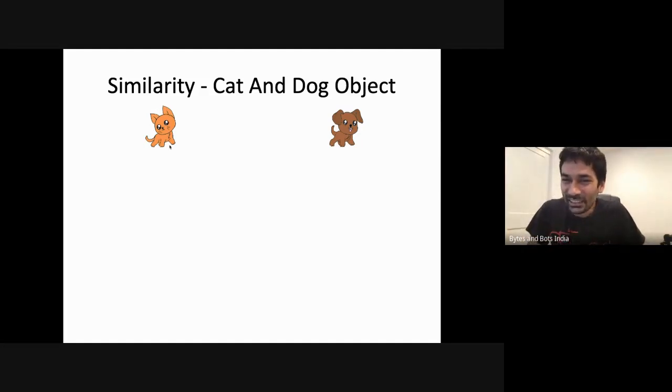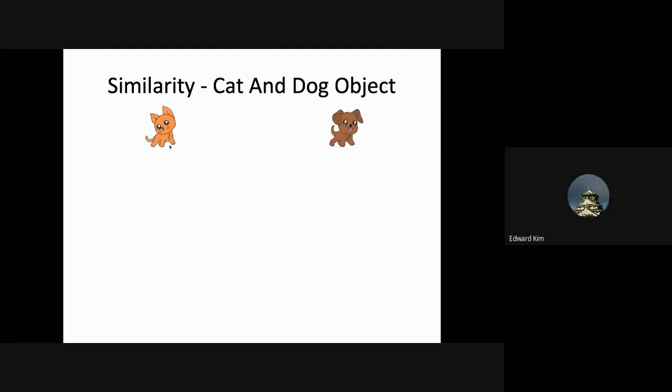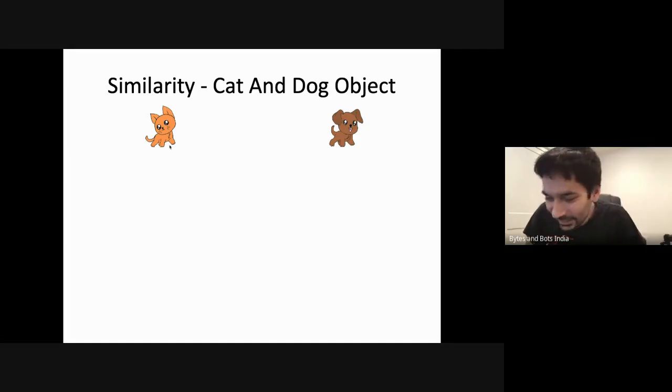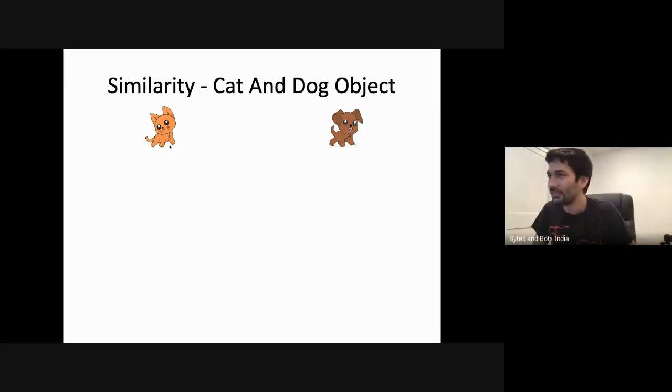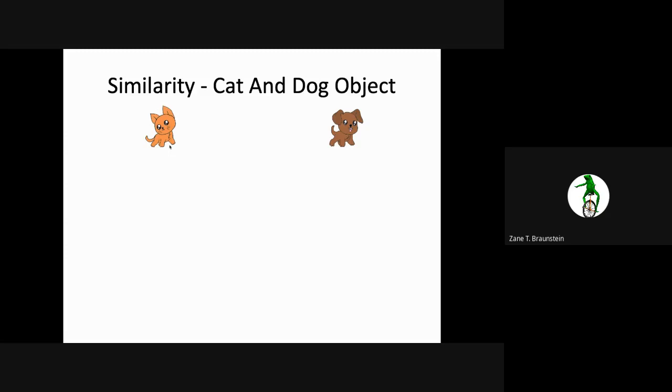Anyone else? Similarities between dogs and cats? They're both animals. Okay, that's very obvious. Any other similarities? They both have fur. Fair enough. And they're both alive.